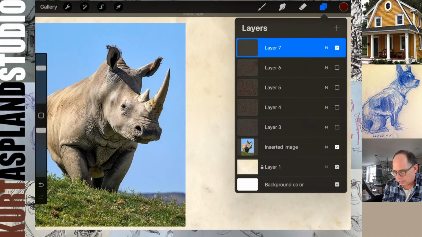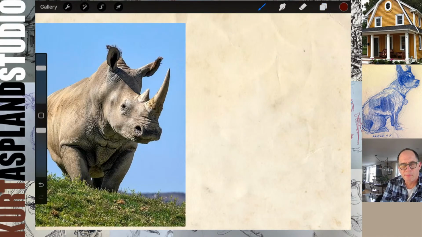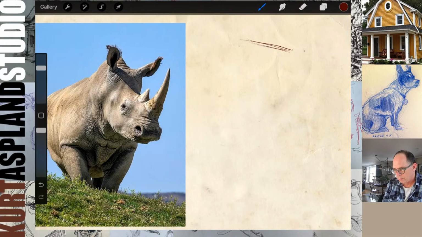Let's bring up this guy here now. Let's take a close look at his head here. Now his head is almost like a wedge. So that might be the line in between his ears, okay?